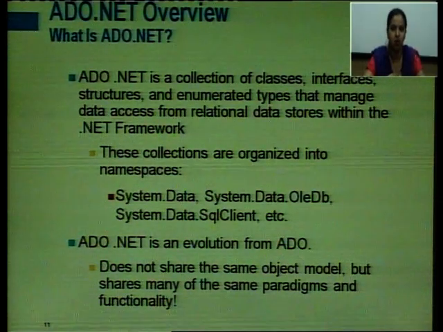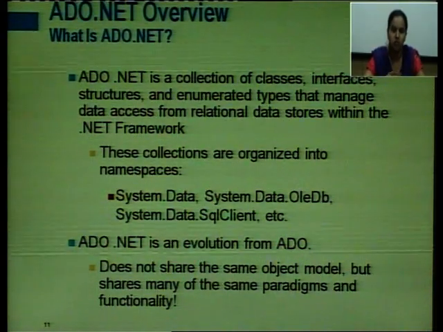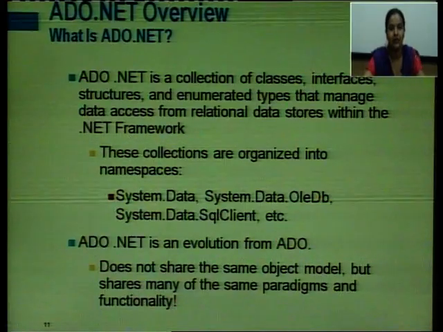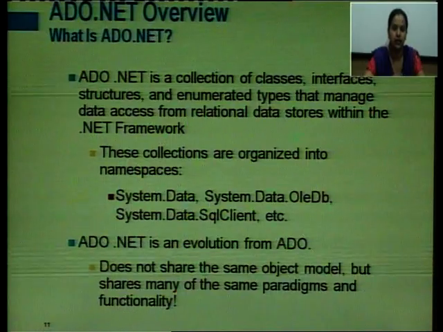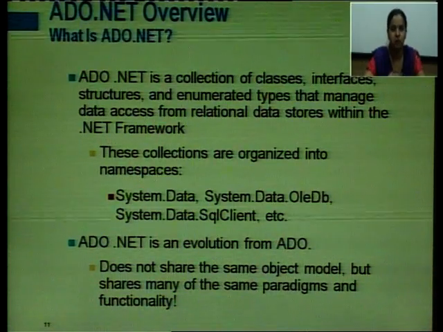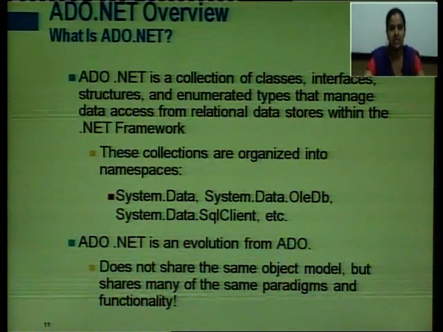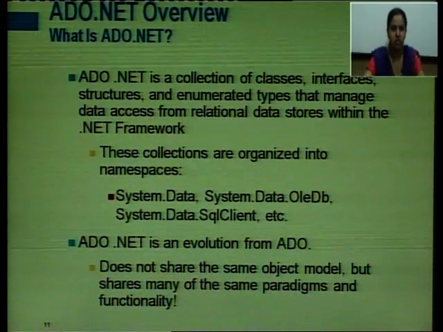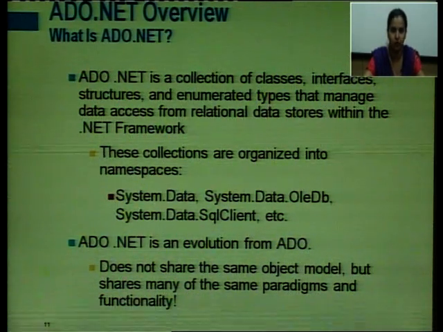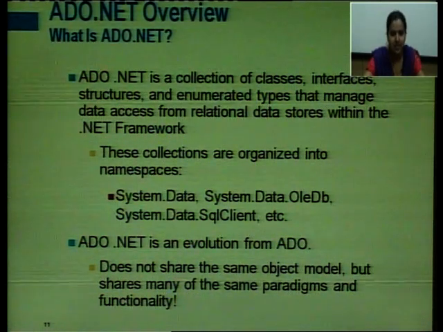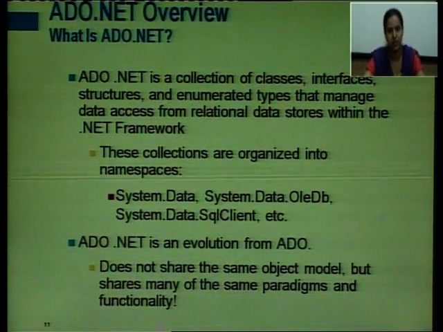Then System.Data.OleDb means data based on your databases, and System.Data.SqlClient helps us to access the communication between the client and server computer. So, these are some of the namespaces which are already defined, so that you can access or retrieve the data from the relational databases.